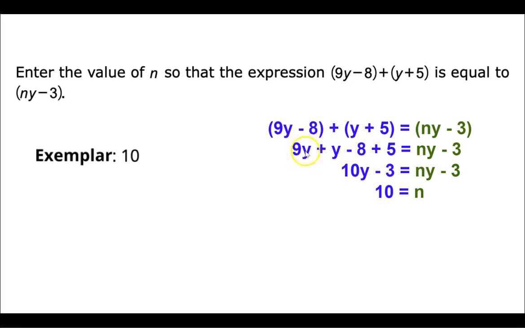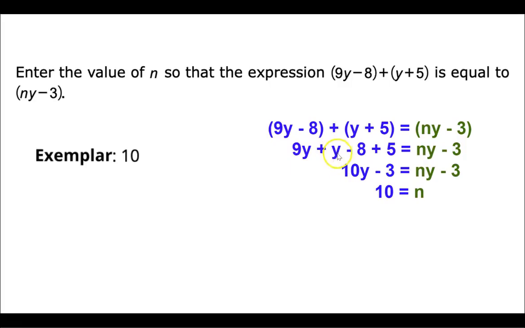Those two are like terms, so I'm just combining them. And then what else you have is negative 8, and you have a plus 5, which is located here. Those are two terms that will need to be grouped together as well. And then you take away the parentheses on the right side.